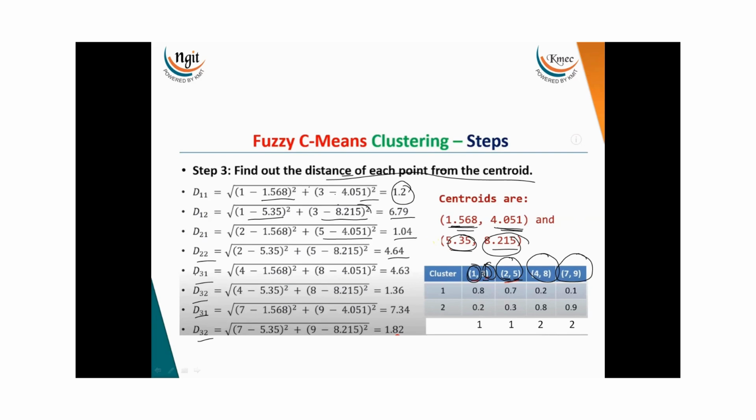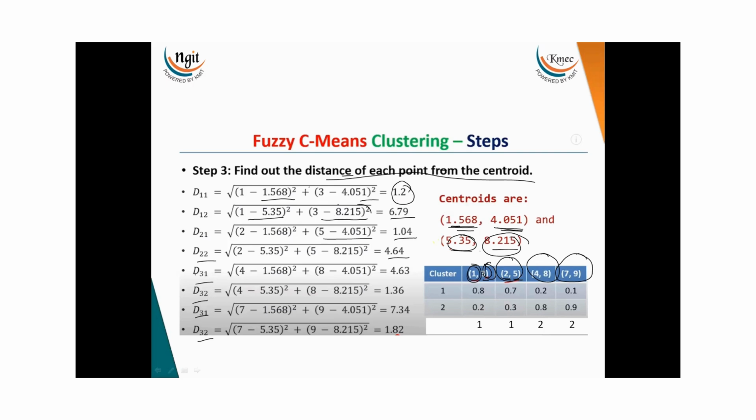You can see here the distance is 1.2 in this case. If I'm saying data point 1, 3, the distance is 1.2 from the centroid, and in this case the distance is 6.79. It means this particular data point belongs to which cluster? It should belong to cluster 1.